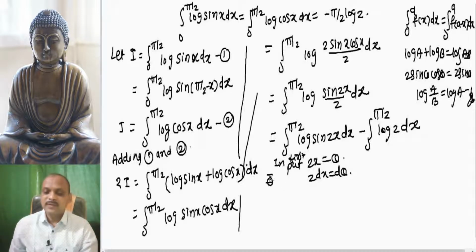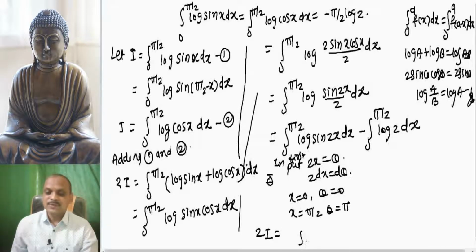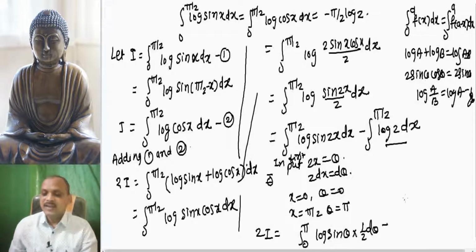Whenever x equals 0, theta is also 0. When x equals pi by 2, theta equals pi. Therefore 2I equals, this integral converts into the integral from 0 to pi of log of sin theta into 1 by 2 d theta, and minus, here log 2 is a constant and the integral of dx is x. So log of 2 into x between the limits 0 to pi by 2.